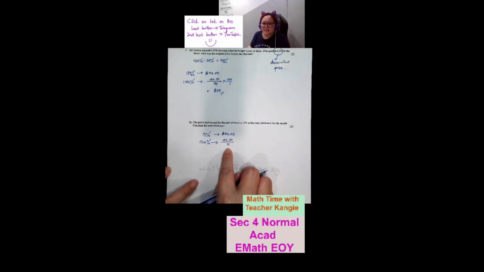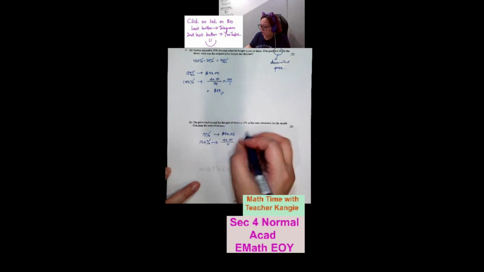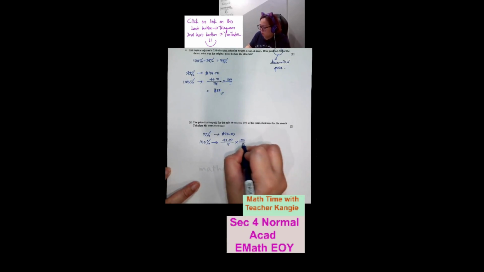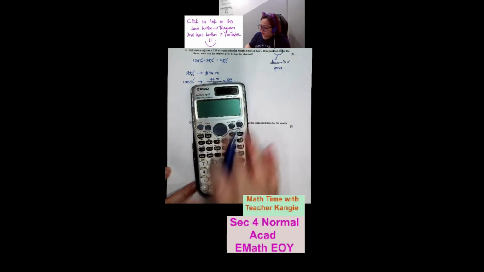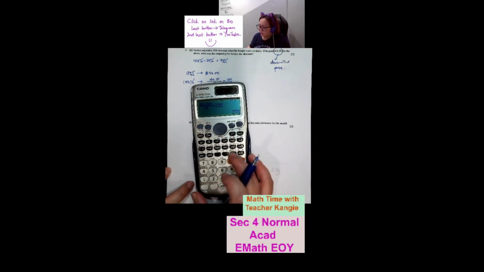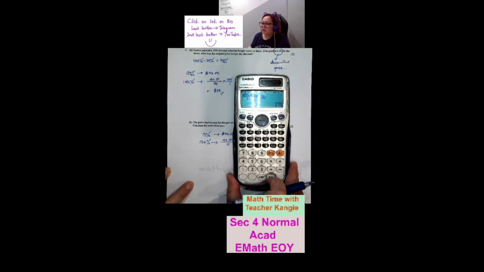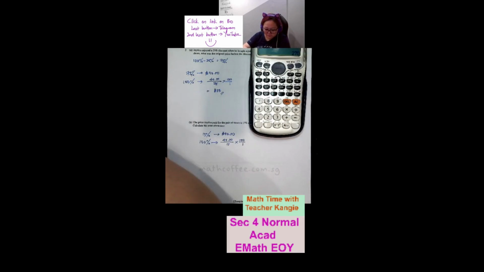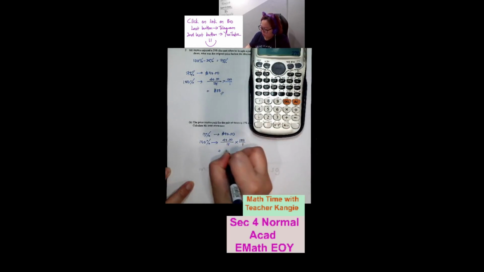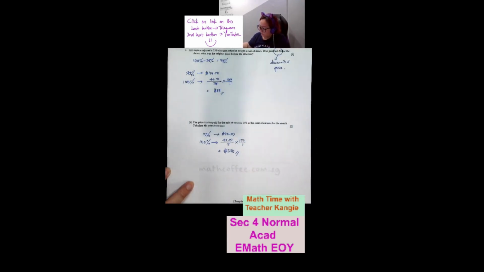I don't need to find the exact 1%, just leave it in fraction form, and then just multiply it by 100. So 40.50 over 15 multiplied by 100 will give us 270. That means his allowance is $270. And we are done.